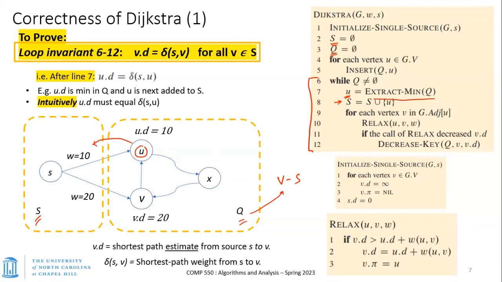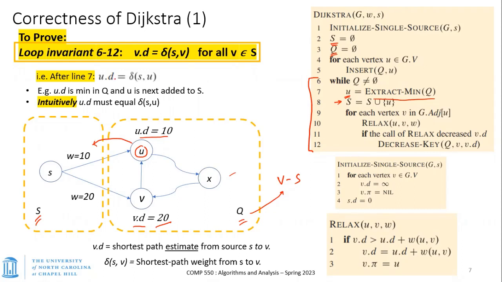Well, it's the minimum estimate among all of the vertices in Q. So U has the minimum estimate. For example, I've shown you another vertex V, which has a different estimate, which is larger. Here I'm showing you U, which has a lower estimate. There would be other vertices, X and so on. And so U is selected based on its estimate being the minimum in Q.